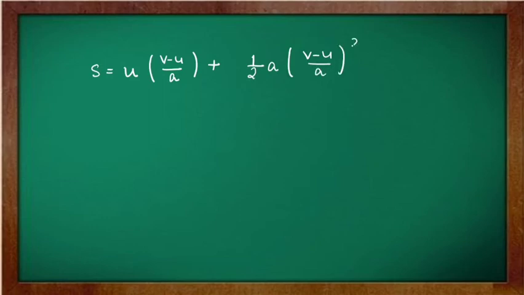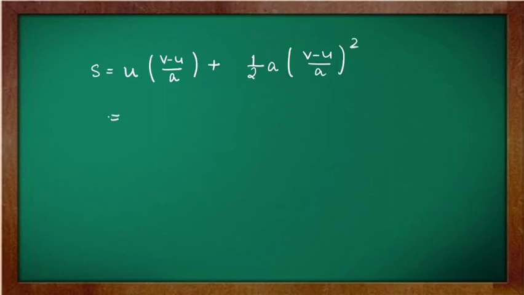You have your s is equal to u, now instead of t I have to write v minus u by a, plus half then a. Now instead of t again I have to write v minus u by a, and that is whole square.